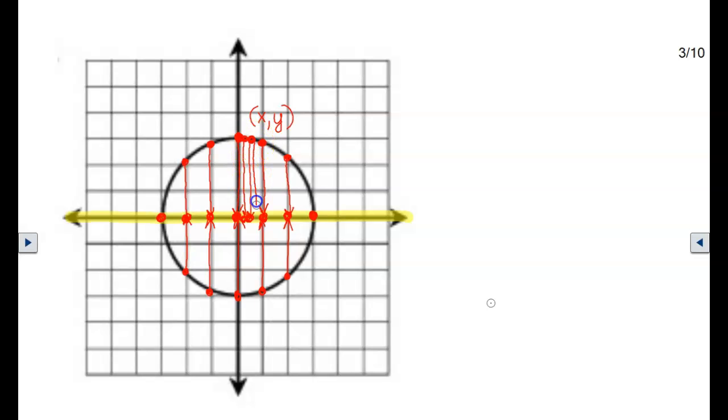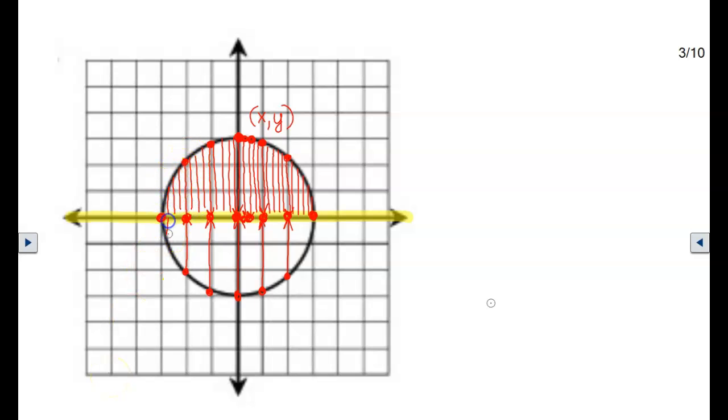One of the things I want you to see here is that starting from these different points on this circle and tracing myself back to the x-axis, I could get not just those nice pretty whole numbers, but also all of these fractions and decimals that exist in between those whole numbers.